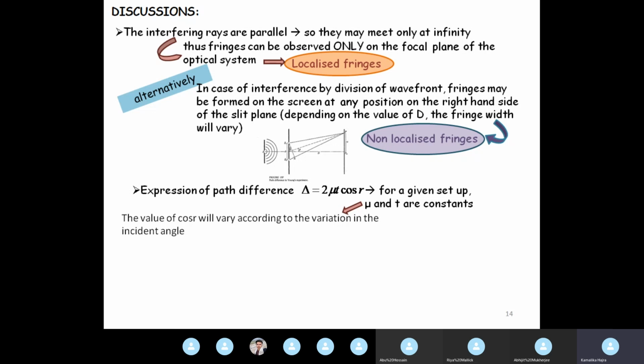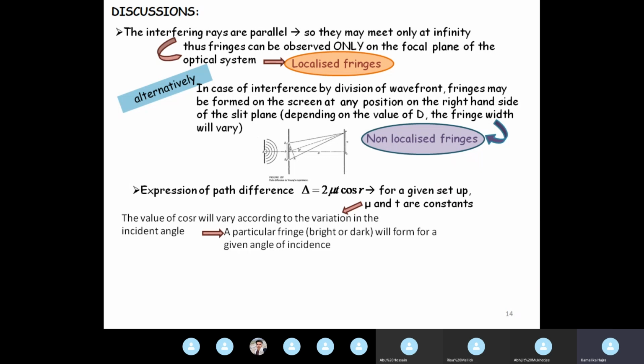So the only varying parameter is r, the angle of refraction. And what does it depend on? It depends on the angle of incidence. So the value of cos r will vary according to the variation of the incident angle. Therefore, a particular fringe, whether bright or dark, will form for a given angle of incidence. The condition of brightness or darkness is delta equal to n lambda or delta equal to (2n plus minus 1) lambda by 2, whether for reflected or for transmitted mode.